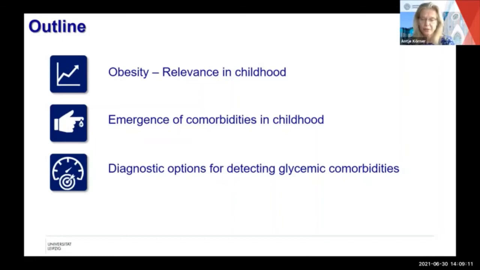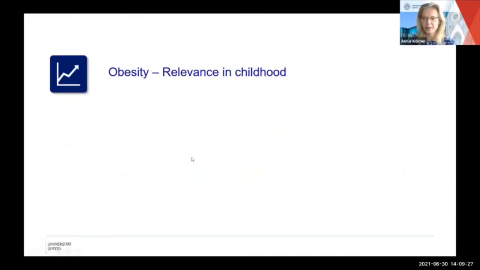When do the first comorbidities of obesity emerge? Already in childhood? And how are we set up for detecting those glycemic comorbidities? Where are the problems and opportunities?